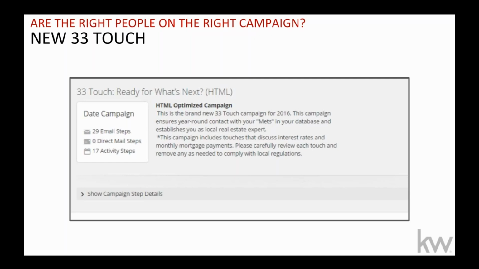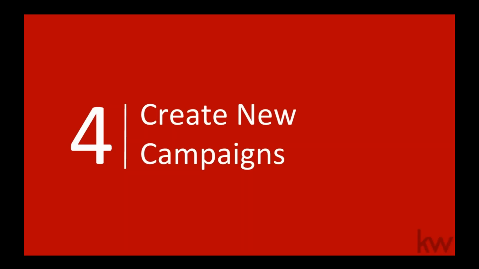You don't have to edit those so much unless you want to make it specific on how you met that person or where you know them from. That would be outstanding. However, that one is intended just to quickly get out and be aggressive. The 33 touch, you can take a little bit of time, create a really great 33 touch, and then send that to all of your contacts all year round. Or you could even customize specific 33 touches for specific groups.